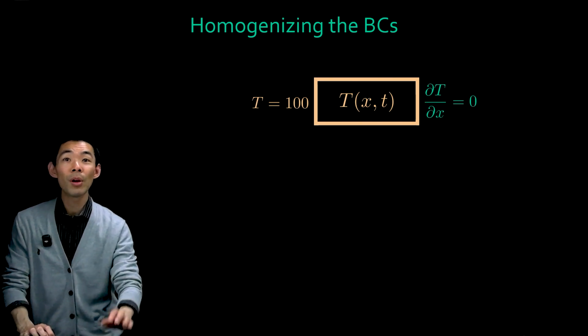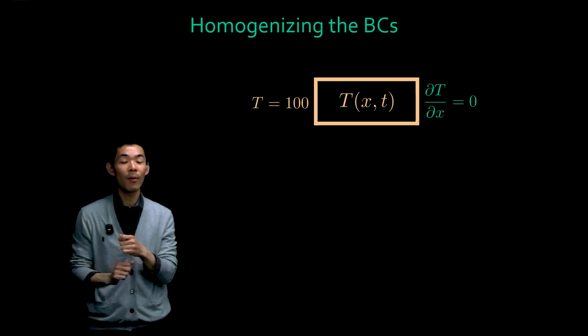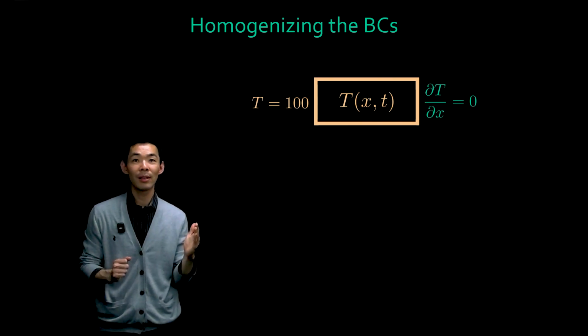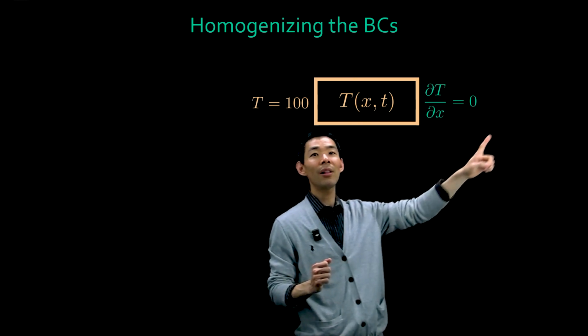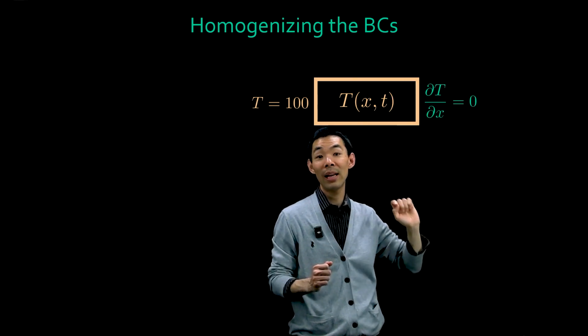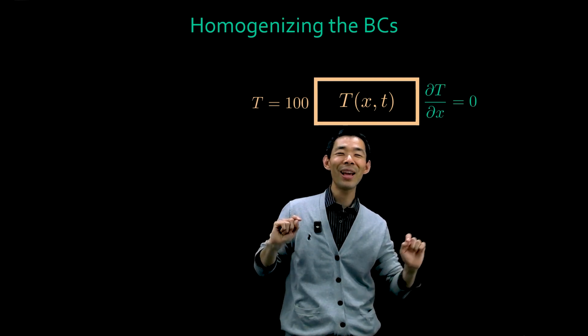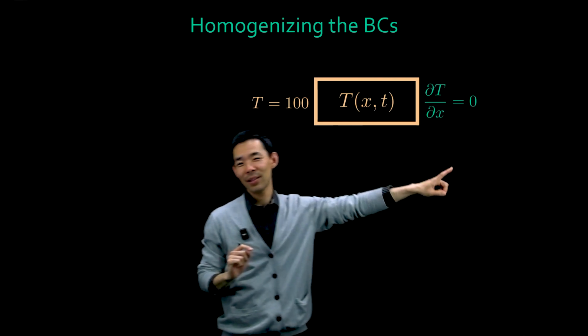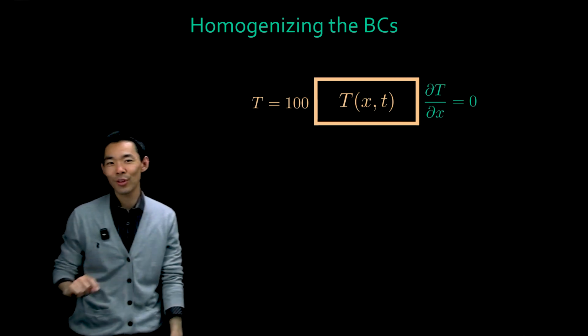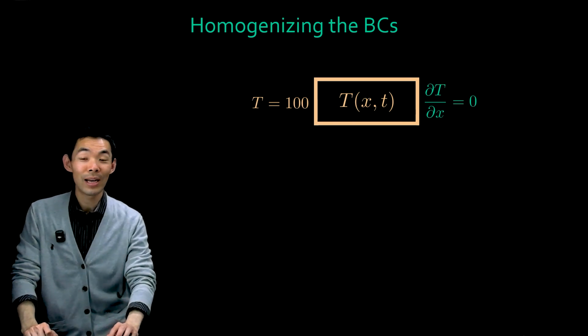Now, the problem we just did, where you had an insulated boundary condition, was a different class of boundary conditions on the right-hand end. We kept the constant non-zero temperature on the left, but we set the flux, or the derivative of the function, equal to 0 on the right-hand boundary.